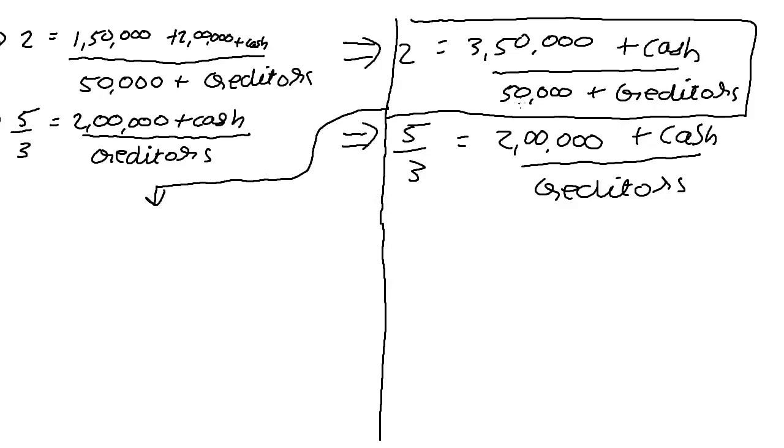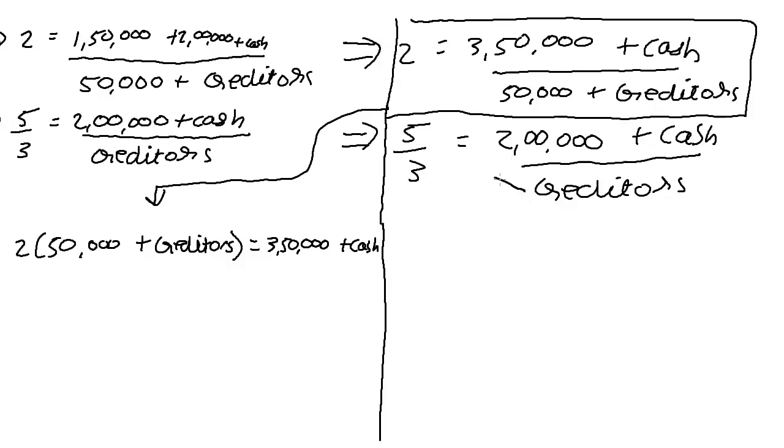Remember this 50,000 plus creditors is division. It goes that side, it becomes multiplication. So I can say 2 open bracket 50,000 plus creditors is equal to 3,50,000 plus cash.